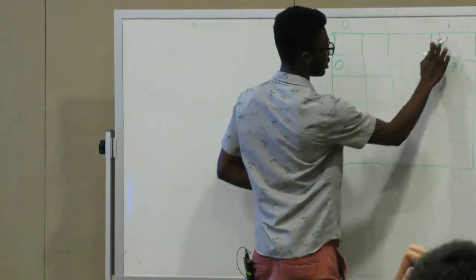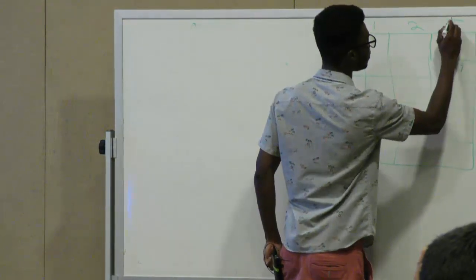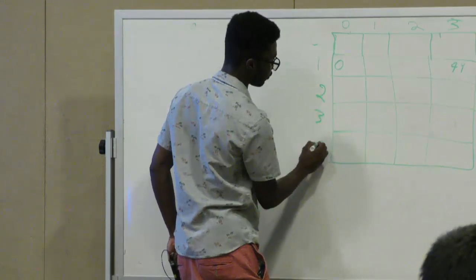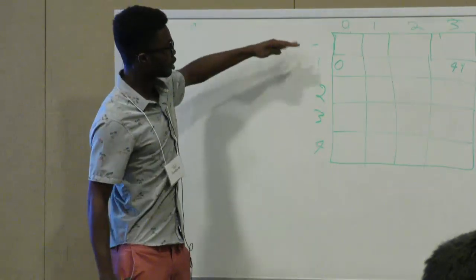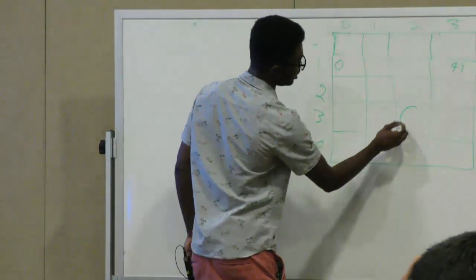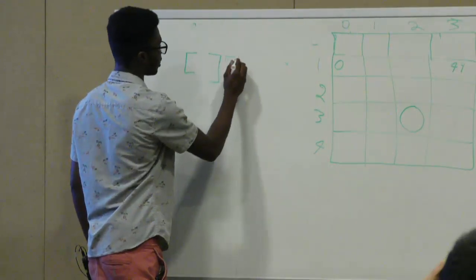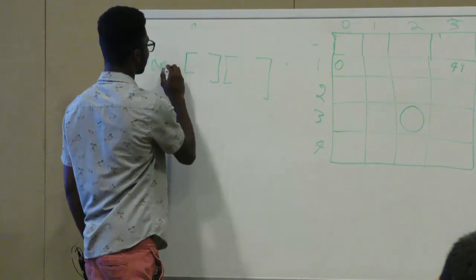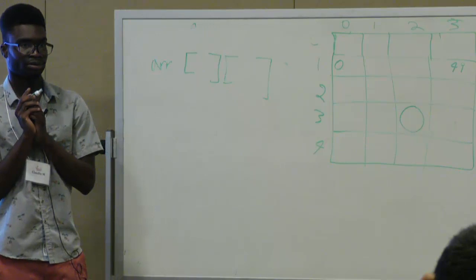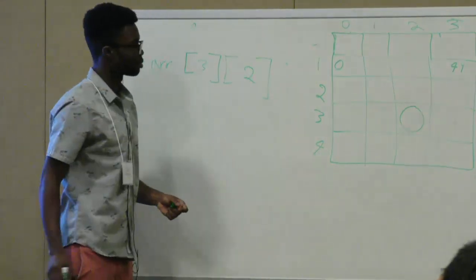Let's just say that we go 0, 1, 2, 3, and 0, 1, 2, 3, 4. So it's row, then the column. If I wanted to access this element, what would my values be for the array? 3 then 2, yes. So it's always row, column.